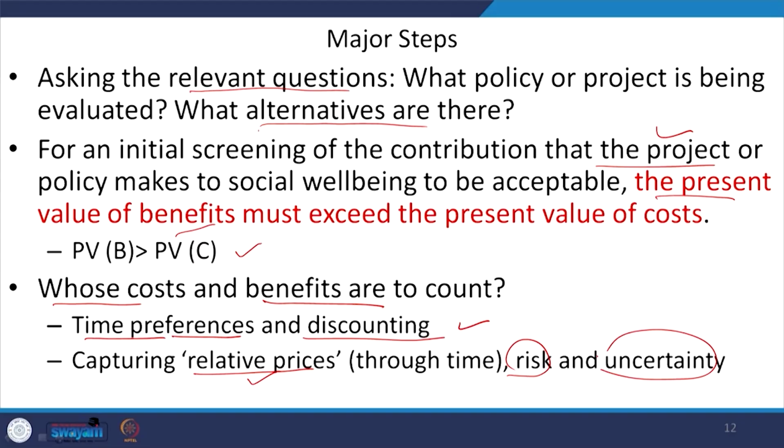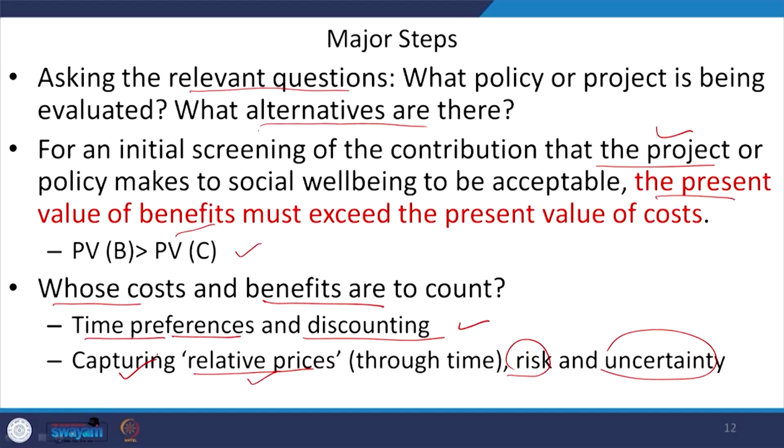But when you speak about getting some kind of benefit after 5 years because of this project, then it is uncertain, you do not know what will happen after 5 years. So, that is why costs and benefits that accrue and are spread over future time.